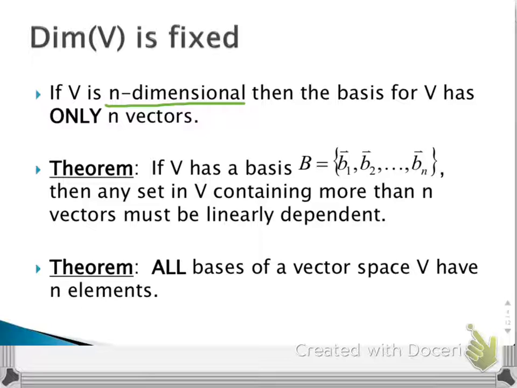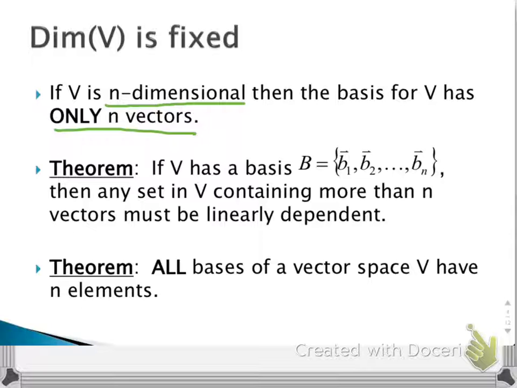If V is n-dimensional, and you probably guessed this because we talked in class about reducing: if we have these vectors and are trying to find a basis in a certain vector space, reducing it down when we do the REF, then if we can reduce it down to the identity matrix, then it spans that space. And so if V is n-dimensional, then the basis for V has only n vectors. Okay, so that's an important fact to remember and to know.